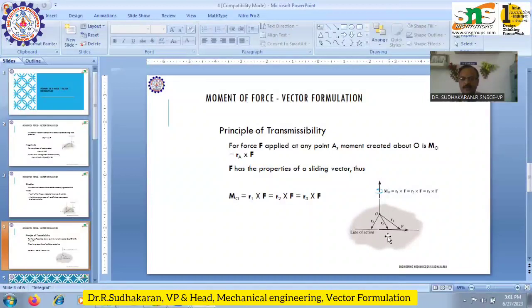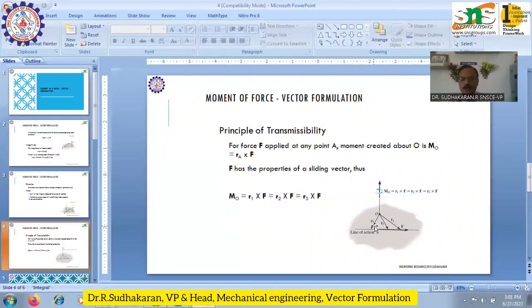So the force acting at this point can be written as R1 cross F, or if we move the force along its line of action, it can be written as R2 cross F, or if we move the force to a third position, it can be written as R3 cross F. As per the principle of transmissibility, a force can be transferred along its line of action.